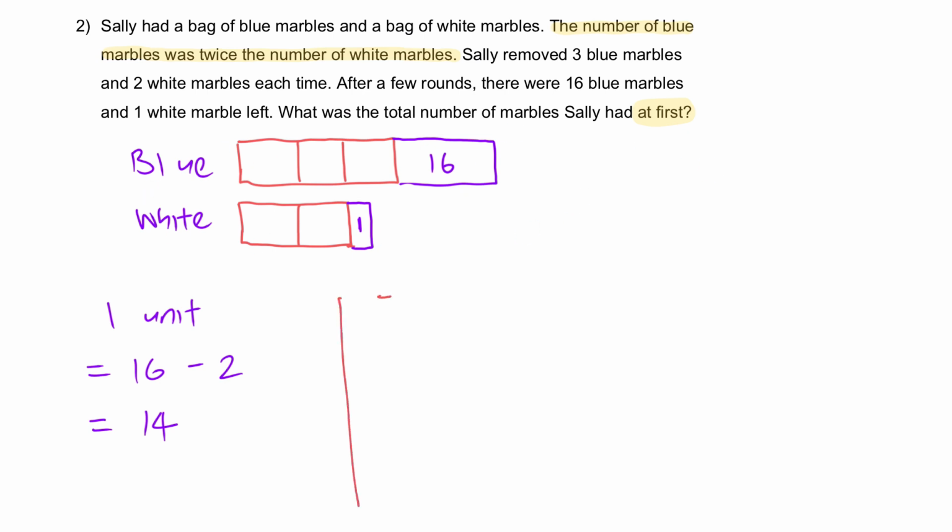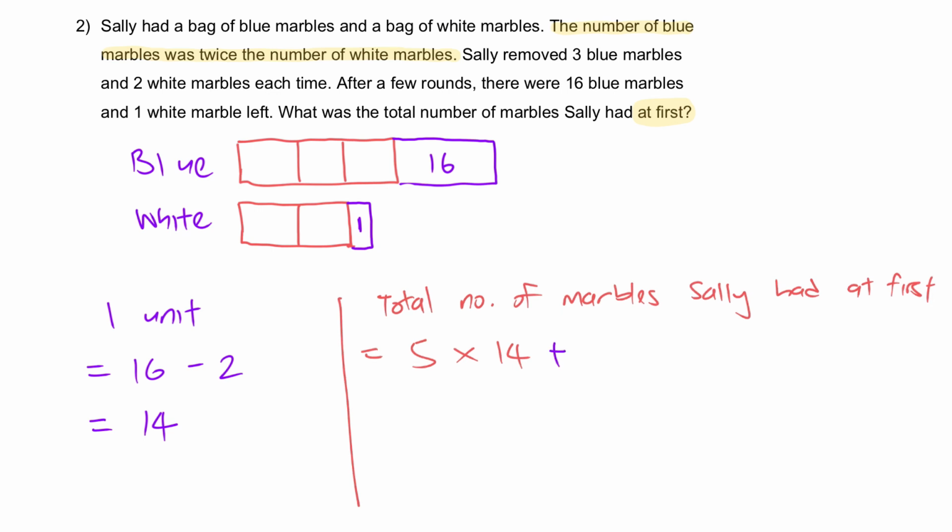So it's 5 units, 5 times 14 plus the 16 and the 1, which is plus 17. And that will give you the answer of 87.